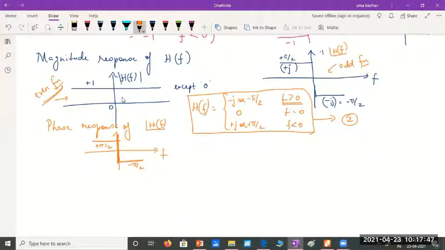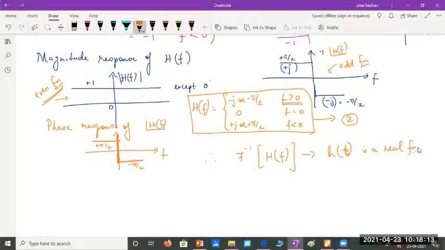So the magnitude response is an even function and the phase response is an odd function. Therefore, if I take the inverse Fourier transform of this kind of transfer function H of f, I am going to get a time domain signal which is a real function.